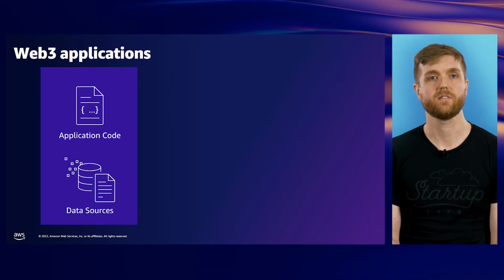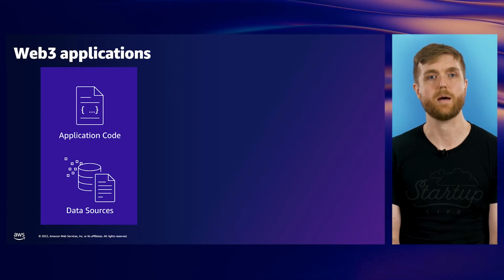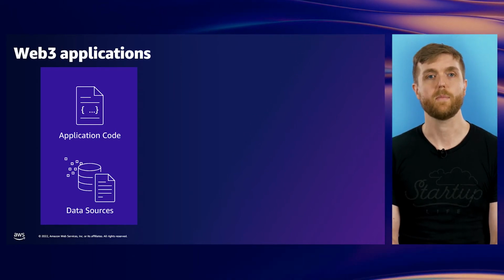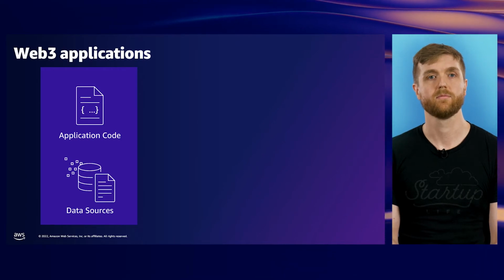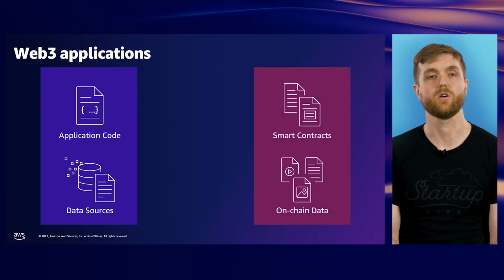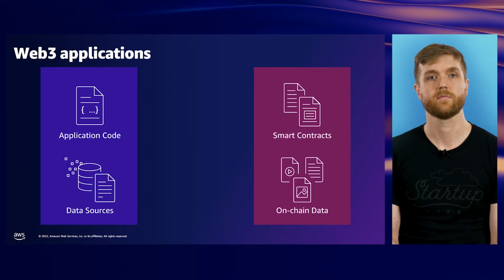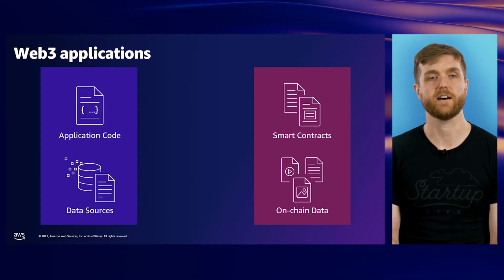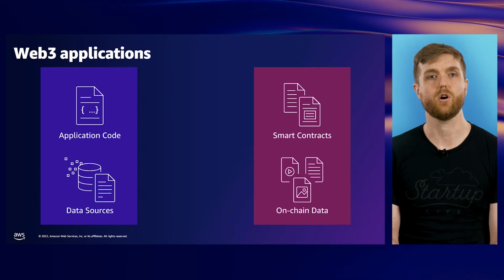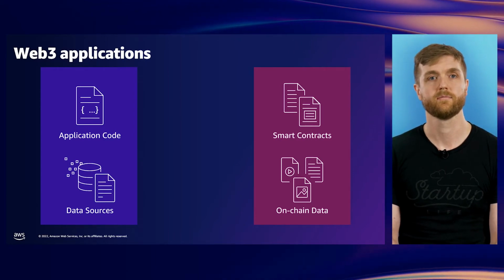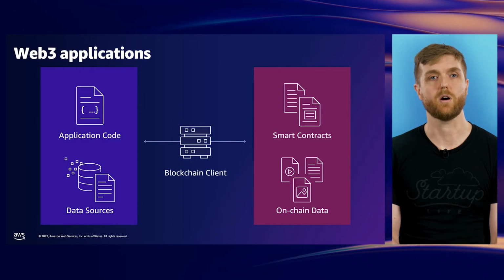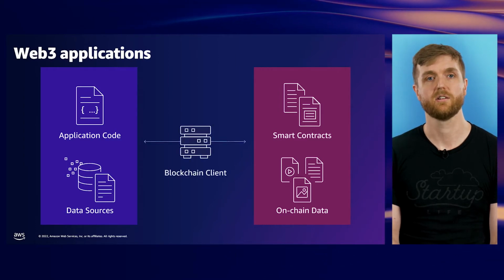Web3 applications can still have traditional web application components, but in addition, they also have their blockchain equivalents, smart contracts, and on-chain data. Anyone can view on-chain data, and anyone can view the code that will be executed when a smart contract is run. The bridge between these two worlds is the blockchain client.